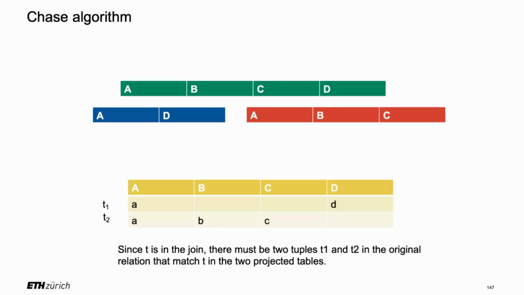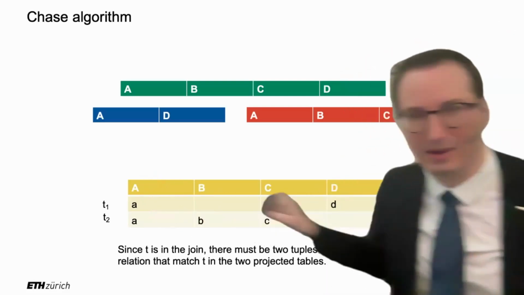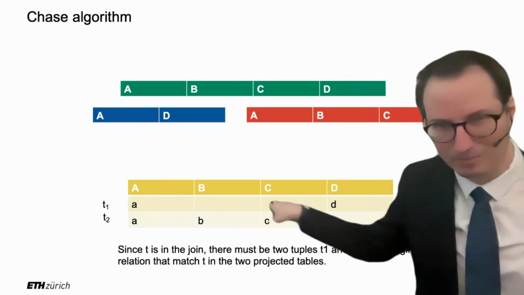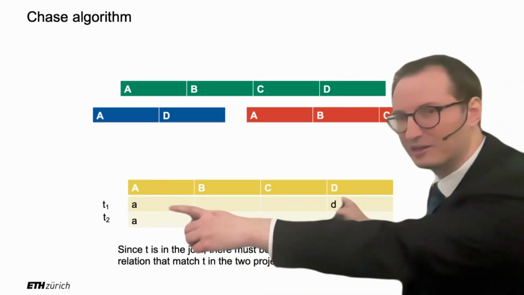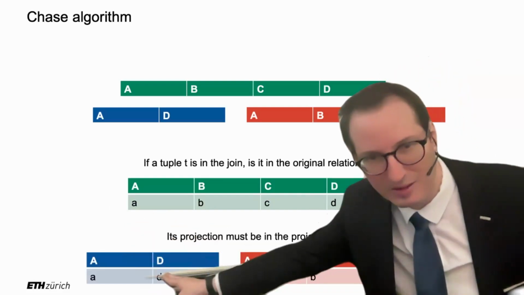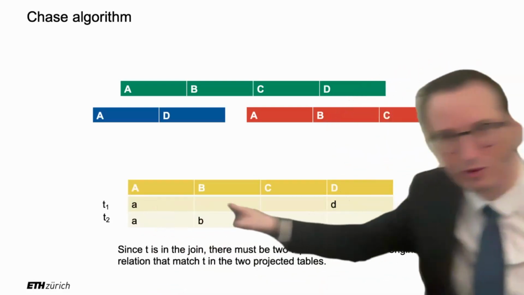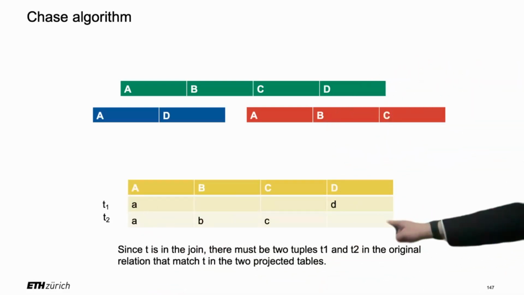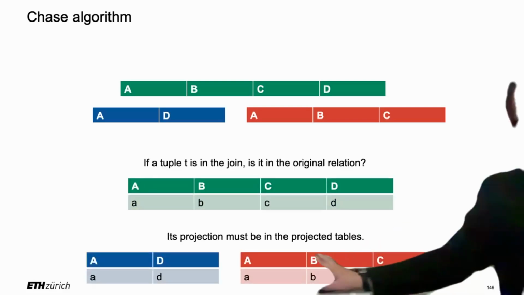So there must have been some tuple that we can call T1 in the original table that had here A and here D and here whatever, right? Because it was projected, you agree, if you project that, you get this. So if you had this in the projection, you must have had a tuple that looks like this. Who agrees?